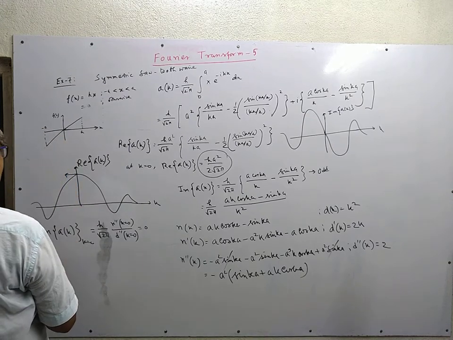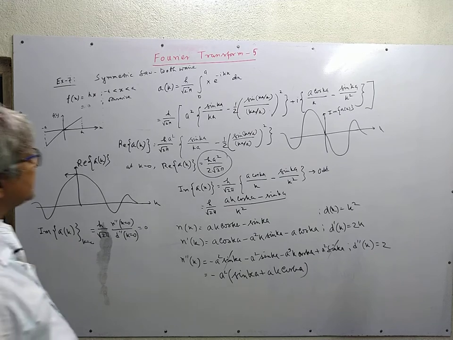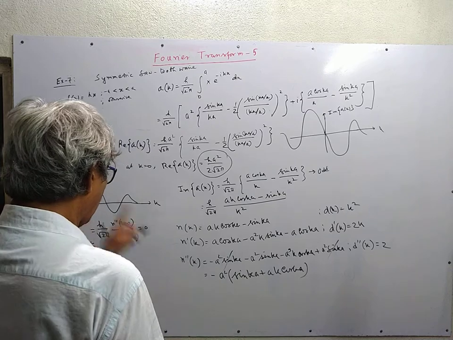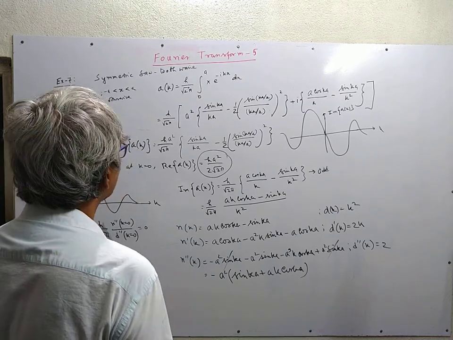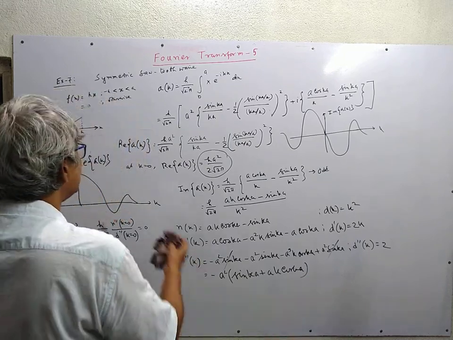If we calculate, we see that the function is a real odd function, so its Fourier transform will be imaginary odd. And we find that in this case, the a of k, the Fourier transform of the symmetric sawtooth wave, is the imaginary part multiplied by 2.